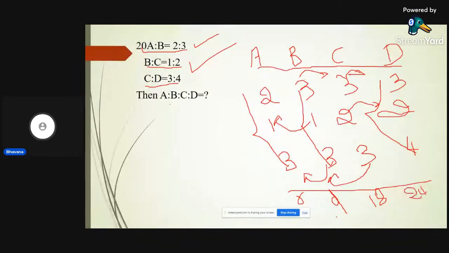So these values are divisible by 3, right? So shall we divide? So 6, that is 2 times 3. Next 9, that is 3 times 3. Next 18, that is 6 times 3. Next 24, that is 8 times 3. The ratio is 2 is to 3 is to 6 is to 8.